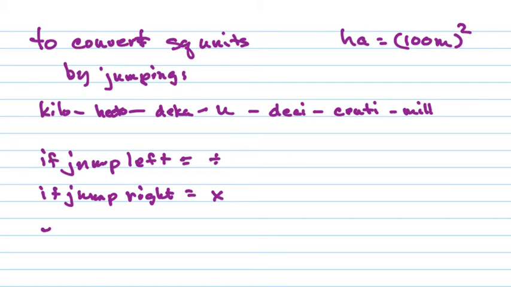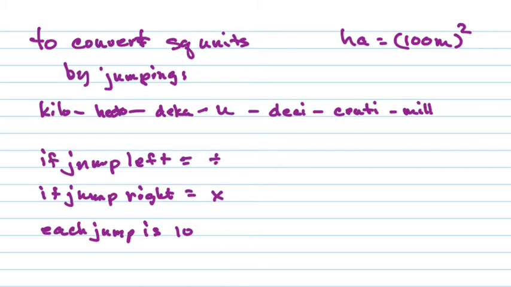And each jump is 10 because they're decimals. That's the beauty of the metric system, why it works so nicely. Because think about it, in the imperial system, 12 inches is 1 foot, but the next unit is yards, and 1 yard is 3 feet.